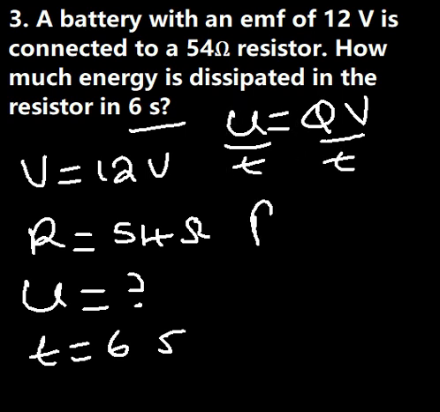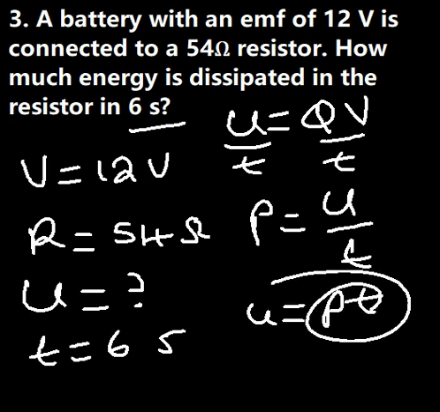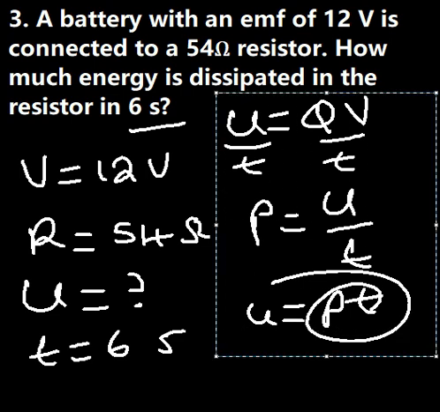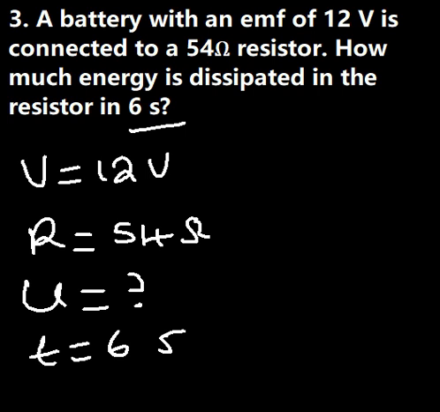So the electric power is given as electric energy over time, which means the electric energy will be given as the power times time. So that is the principle behind it. Take note of that. The electric energy is the electric power times time, where the time has to be in seconds. So what we are looking for here is the electric power.